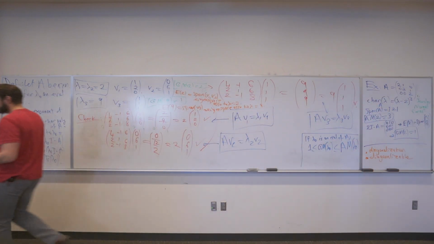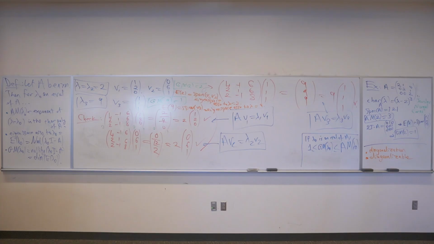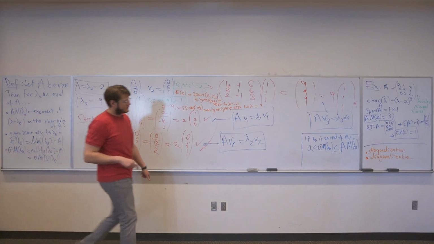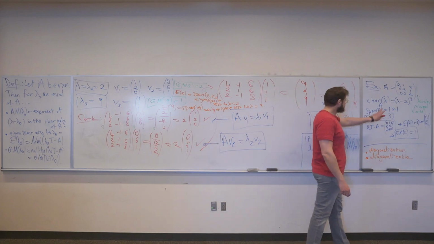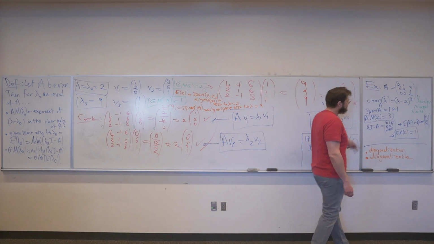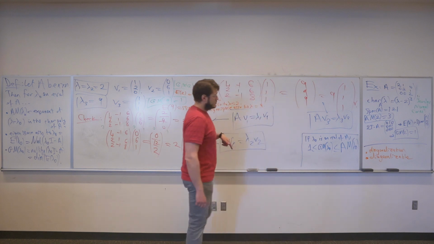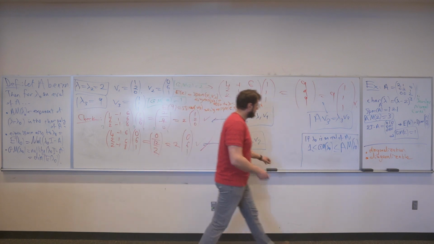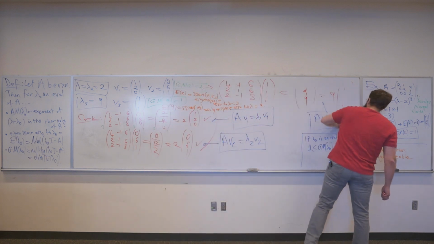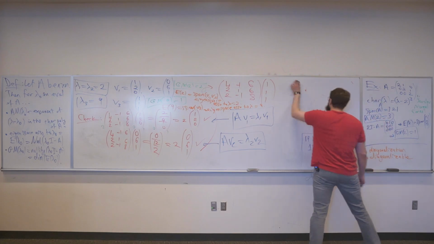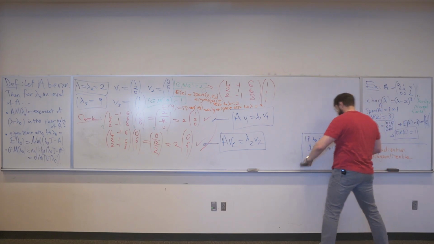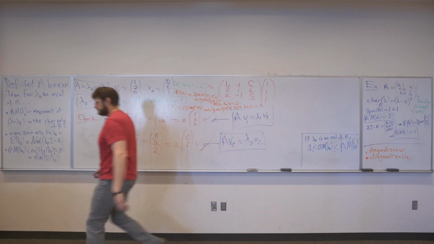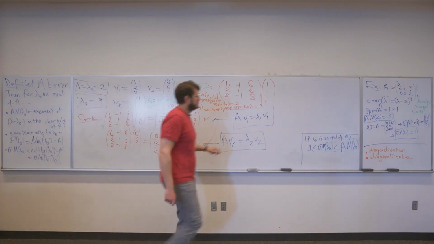I'll give you one exercise. I can just adjust this example to come up with a matrix with exactly one eigenvalue, whose algebraic multiplicity is 3, whose geometric multiplicity is 2. Okay, I can do that too. So for instance, I can look at this. I guess I'll use red. So exercise.